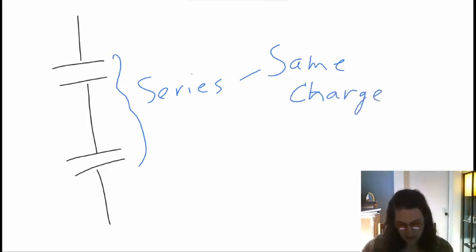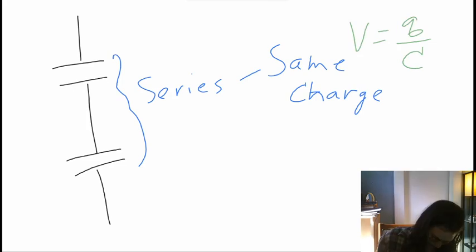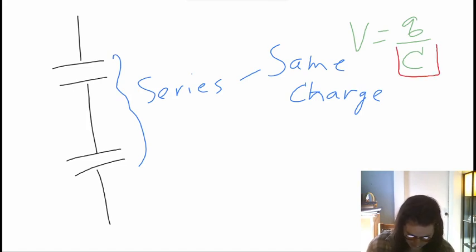And you would find that charge by doing a calculation with the voltage equal to the charge over the capacitance. But what I want to point out here is that in order to actually find what the charge is on the top, we have to know what the total capacitance is.